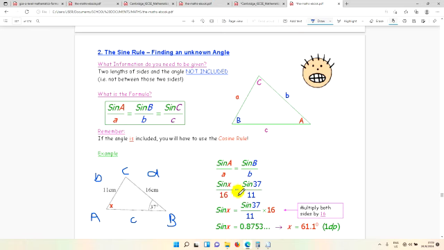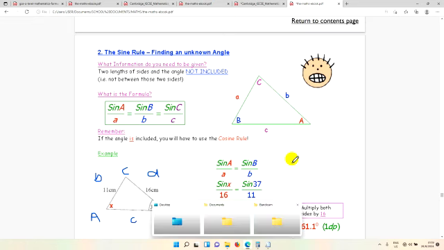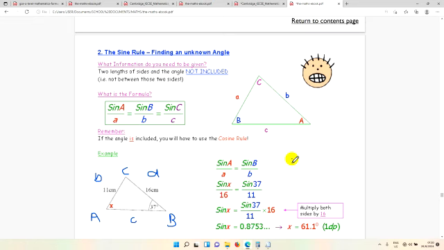So you multiply both sides by 16, so you remain with sine x, which is equal to sine 37 times 16 over 11. And then this will give you 0.8753. Let me verify on my calculator here.